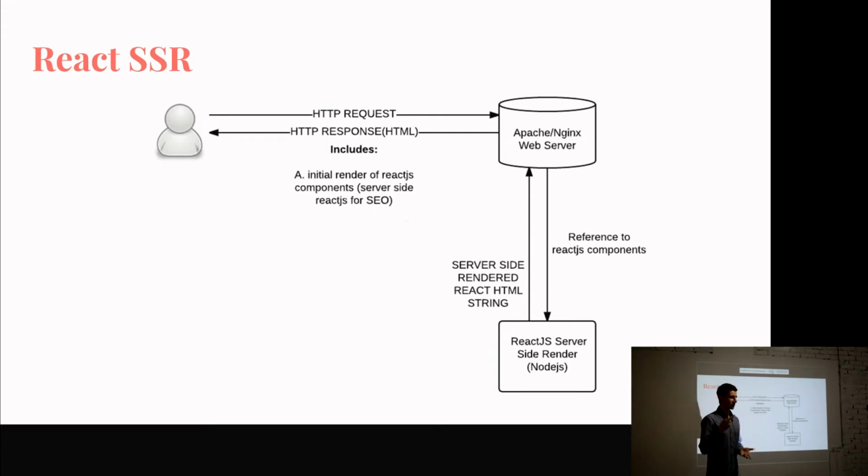So it solves two problems. Firstly, it solves SEO optimization because Google bots can get actual HTML and index it. And the second one is it works faster because you don't need to wait for all JavaScript files to be downloaded, and you can start loading HTML when you get it.